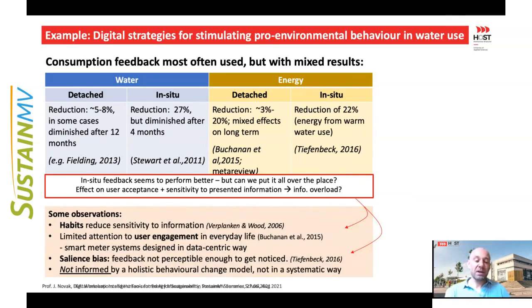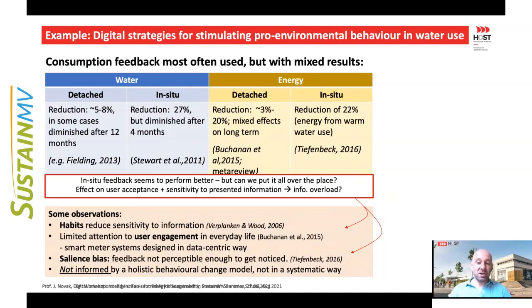For example, the more we show feedback, with time, this feedback loses its salience. It loses the impact in terms of how much people become aware of it, because it is present. At the beginning, it is a novelty, but with time, this wears off, and people start to notice it less. That is one of the so-called salience bias problems.